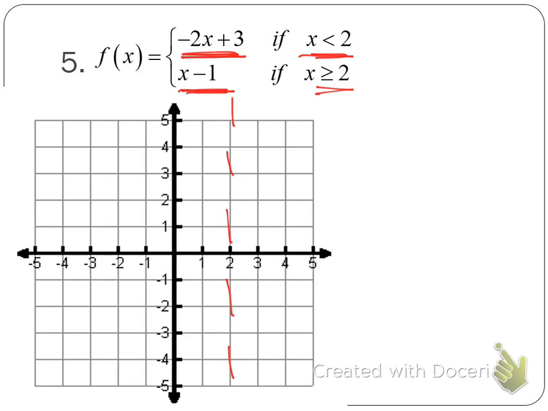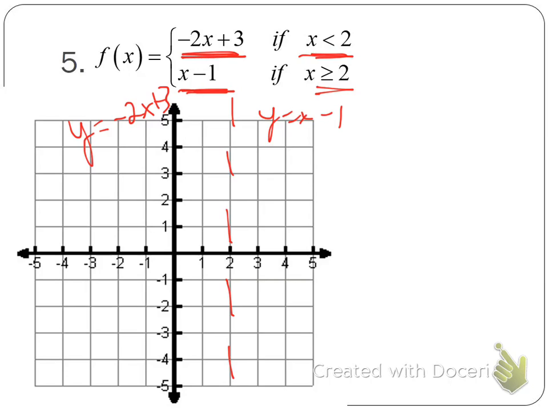Well, all the x values that are greater than or equal to 2 are this way. So that equation is going to be what we use for the right side of the graph. So again, replacing the f of x with the y, we're going to graph y equals -2x plus 3 here, and graph y equals x minus 1 here. All right, and so we're just going to graph the lines and erase the parts that we don't want.